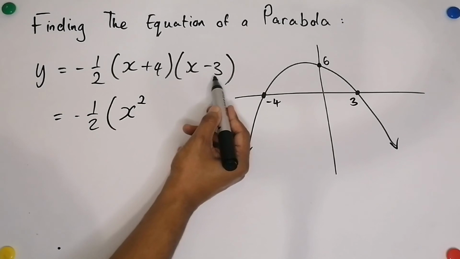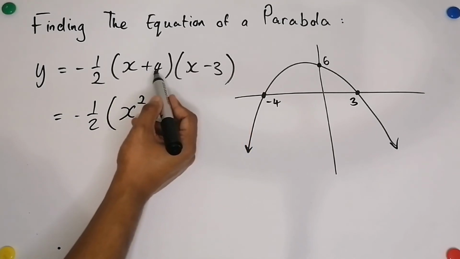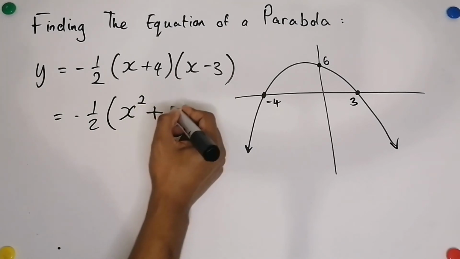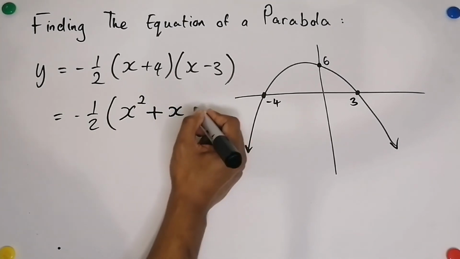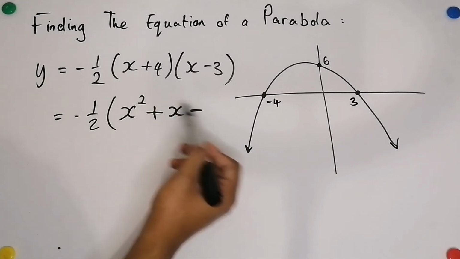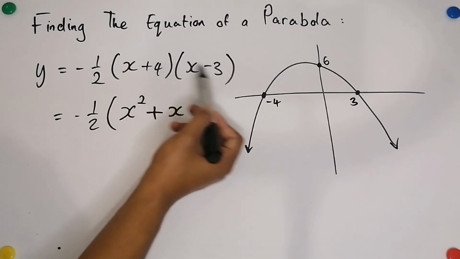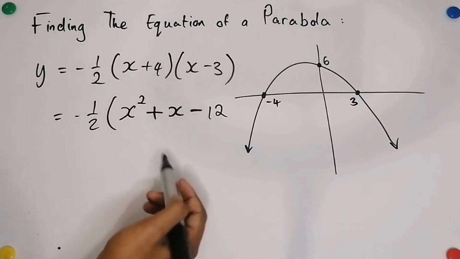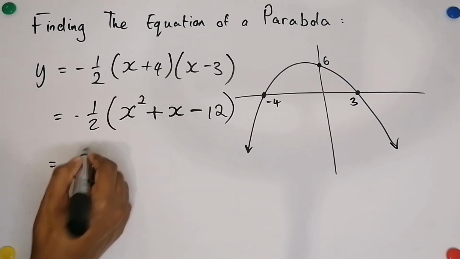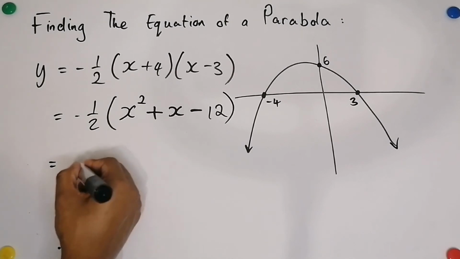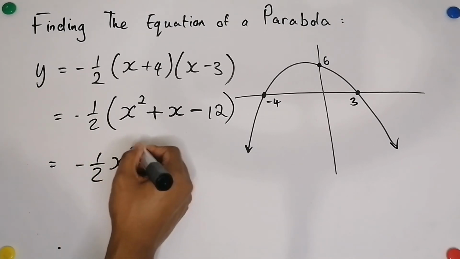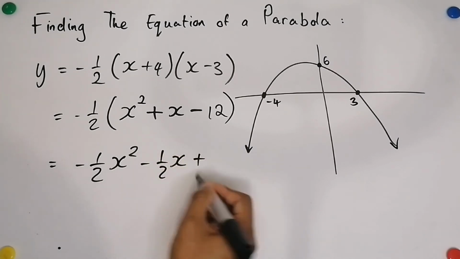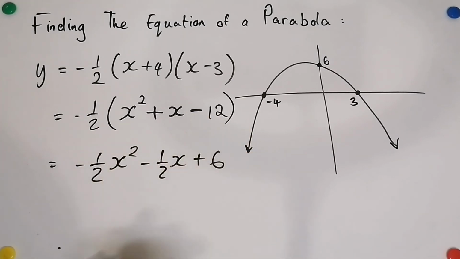X times negative 3 will be negative 3x plus the positive 4x, that gives us a positive 1x, minus the 12, because 4 times 3 is 12, and the positive and the negative gives us a negative. We now multiply everything by a half, and we get negative a half x squared minus a half x plus a half times 12, which is 6.